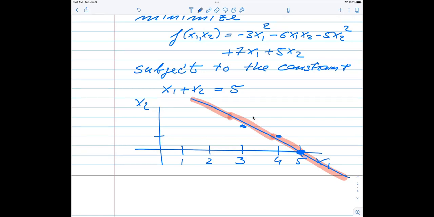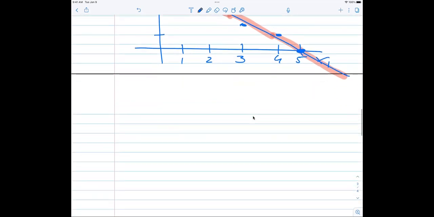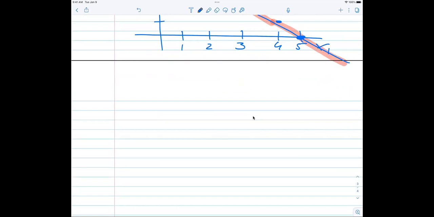So let's do that first, because that's the simplest possible way we can deal with this function. In this particular case, we simply replace x2 with 5 minus x1 in the function f of x1, x2. And then we take the derivative with respect to the variable which we have. So if I do that, I can now replace x2.